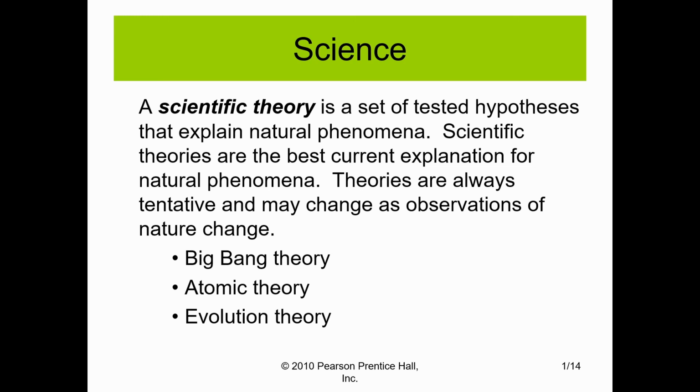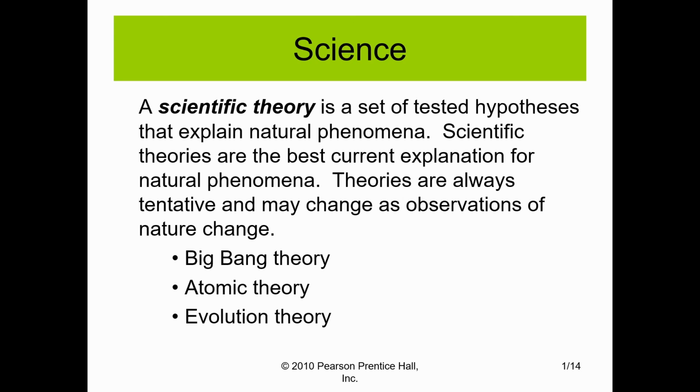Just because it's a theory doesn't mean it's not necessarily true. So there's a few popular scientific theories, like the Big Bang Theory, atomic theory, and the theory of evolution. These are all most likely true, but currently this is only our best guess of what's actually occurring.